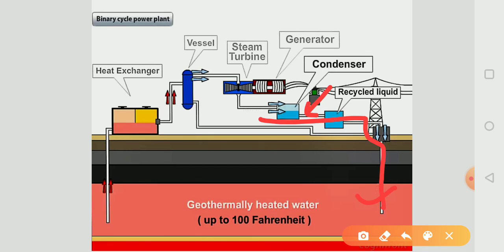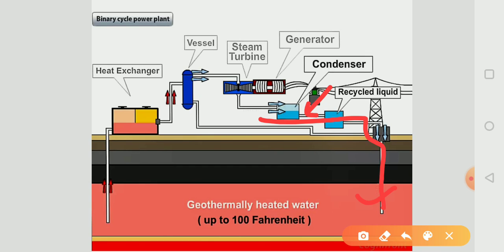By this we can get the electricity because the turbine is connected to the generator, and it is then transmitted by the transmission line to the consumers or substations. Okay, so this is the working principle of the binary cycle power plant.